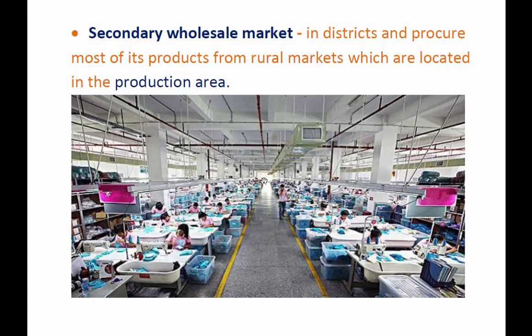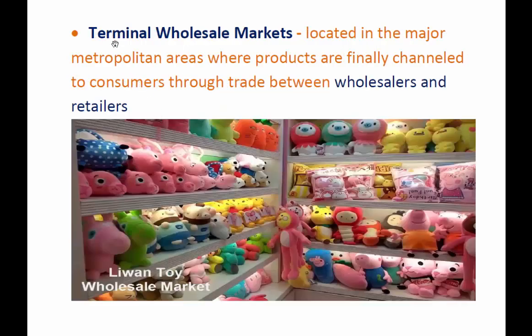And another type of wholesale market is the terminal wholesale market. It is located in the major metropolitan areas, where products are finally channeled to customers through a trade between wholesaler and retailer. One of the best examples is Nestle. Have you ever seen the Nestle wholesaler in Paona Bazaar?